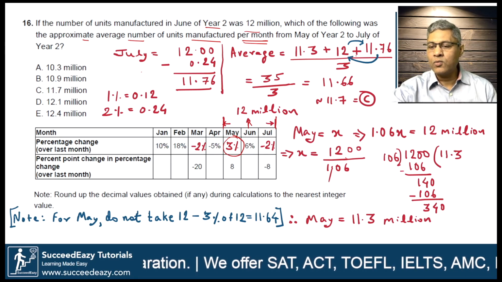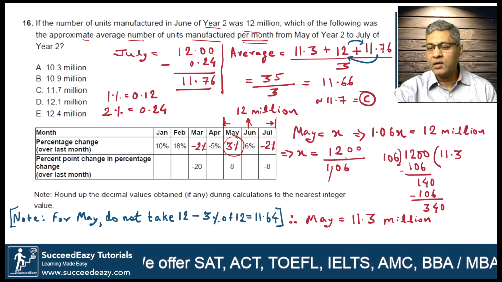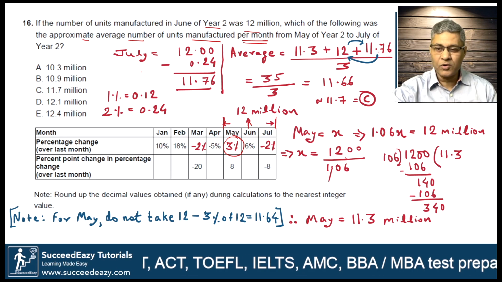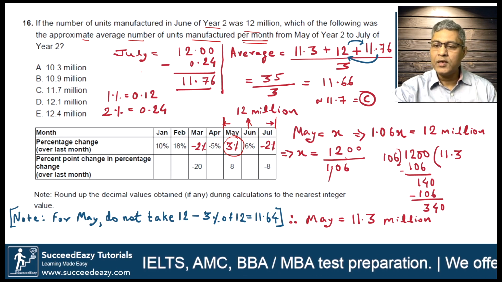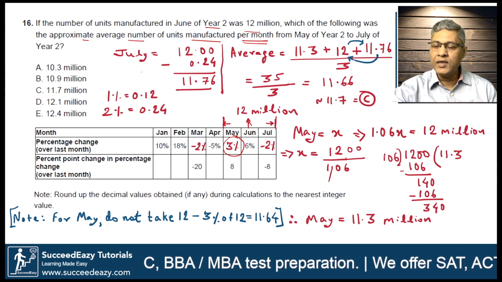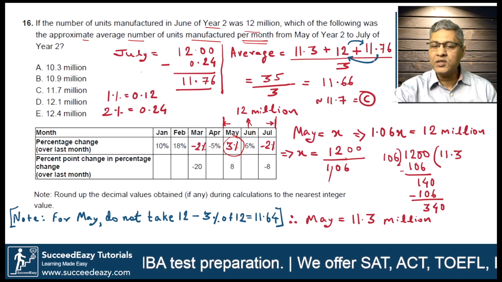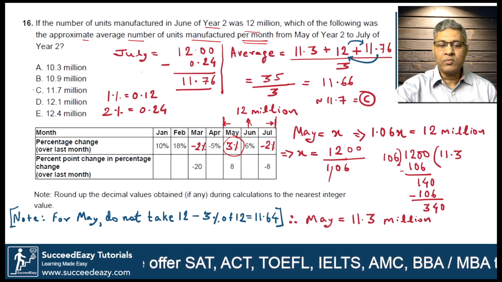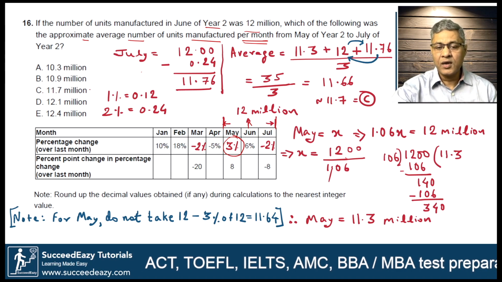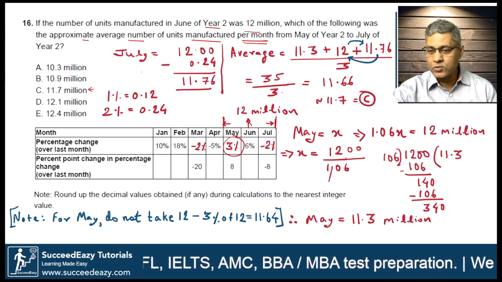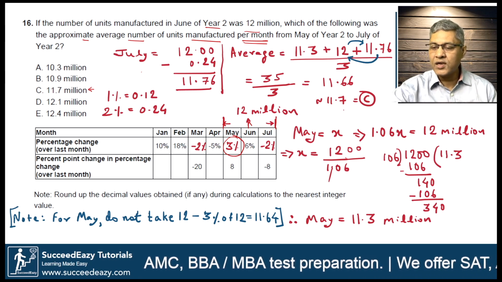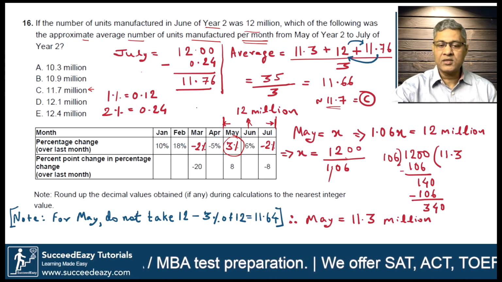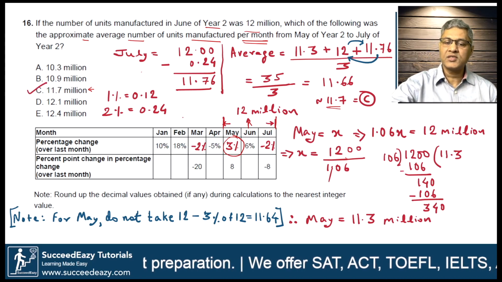Almost 0.4. And what is the difference between 11.76 and 12? Almost 0.4, right? So ideally 11.76 should be the answer, and if you round it, 11.7. So 11.7 should ideally be our answer from here itself. We don't need to do this calculation, but if you do, you still get the same figure. So the answer is clearly C, 11.7 million.